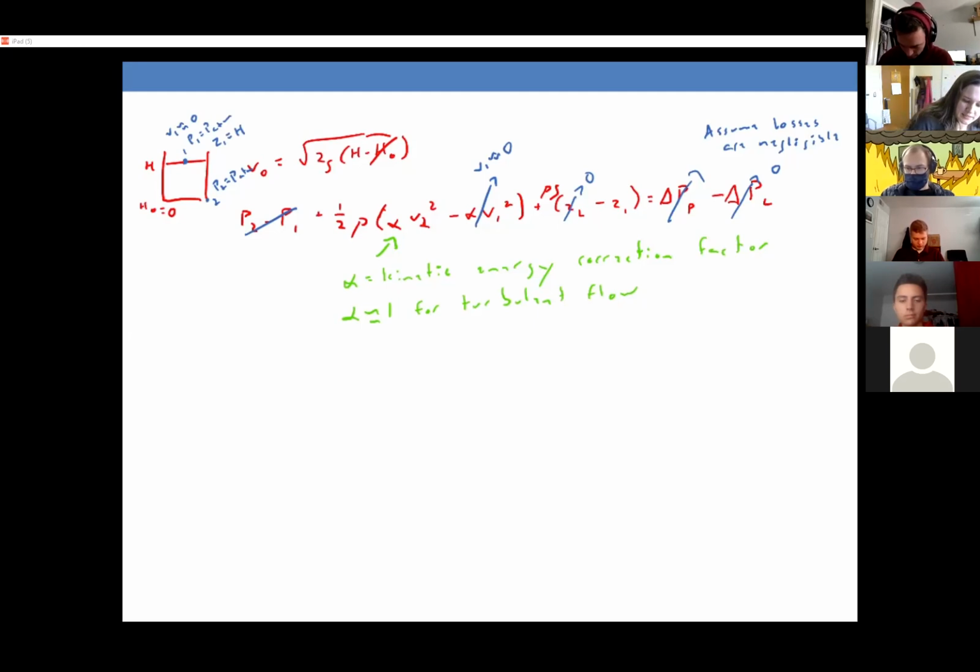And you end up with V naught is equal to the square root of 2g. Okay, wait. I think I figured out what I was doing. Can I ask a question about it? Okay.